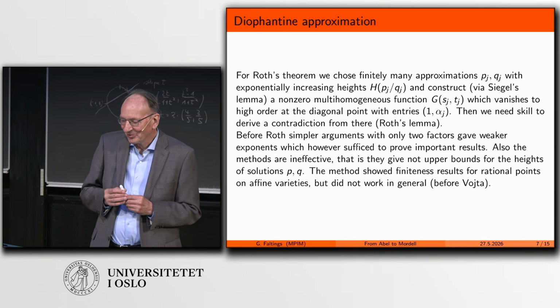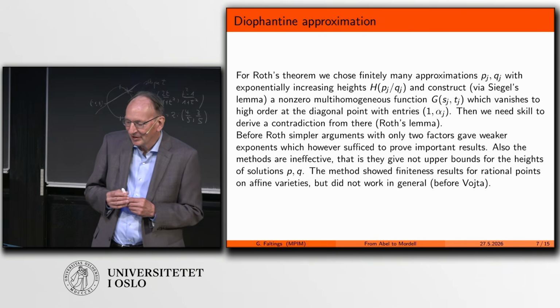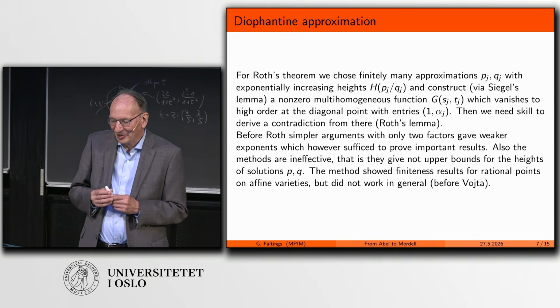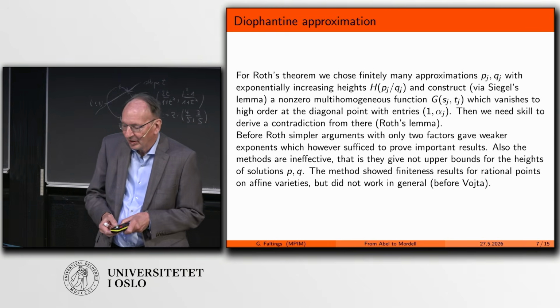Then you have to find a contradiction, which is called Roth's lemma, and it's complicated. So this was the final thing by Roth, and before that, there were easier arguments with two factors.